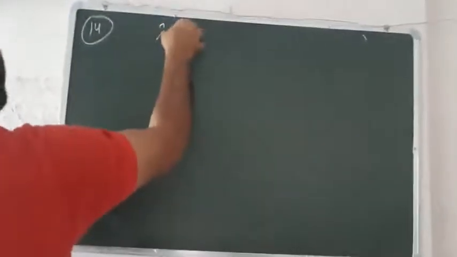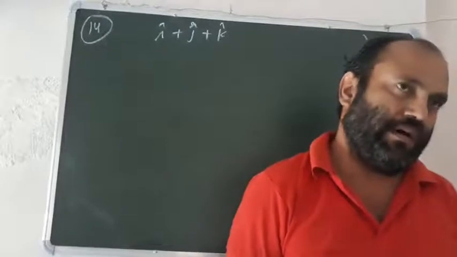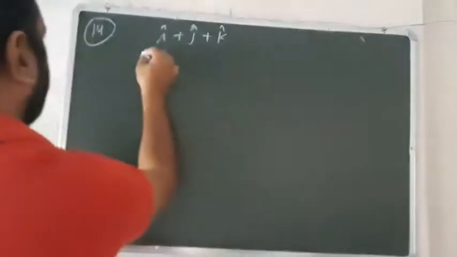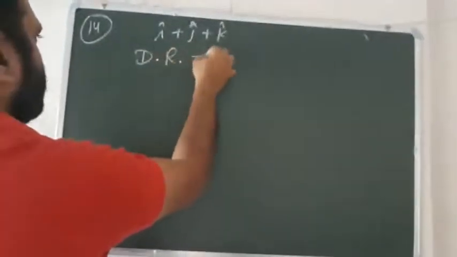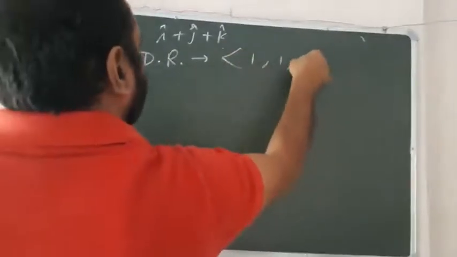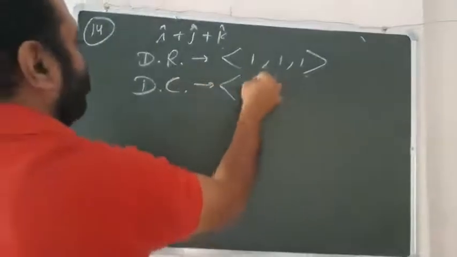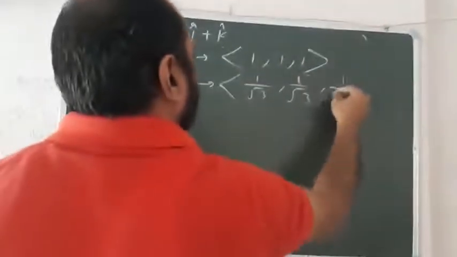Show that I cap plus j cap plus k cap is equally inclined to the OX, OY and OZ. ठीक है जी। So first of all this is the vector. I am finding the direction ratios, or direction ratios are 1 1 1 and direction cosines are 1 by root 3, 1 by root 3, 1 by root 3.